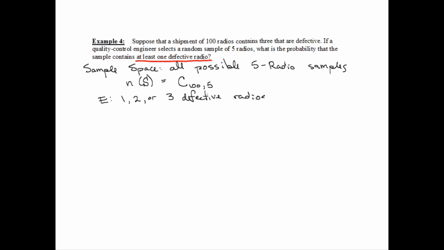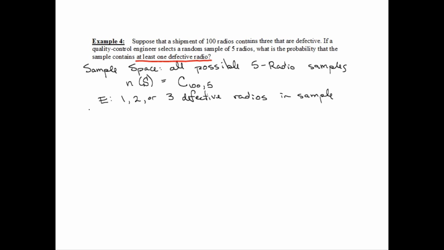We have 5 in our sample. Why can't we have 4 or 5 defective radios in that sample? That's because there are only 3 defective in the whole entire batch, so it's not possible to get more than 3 defective. So if at least 1 is defective, we're going to have 1, 2, or 3 defective radios.